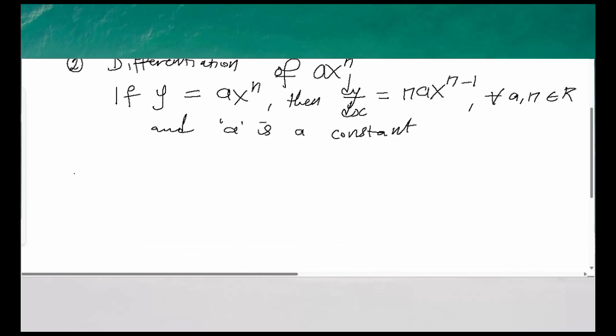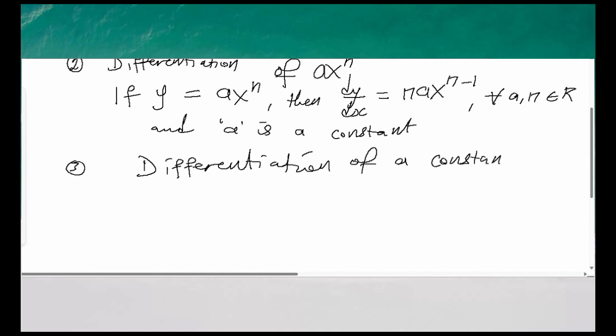Let's talk about the third one. The third one, we have differentiation of a constant. Now, for the differentiation of a constant, let us assume that y is equal to c.